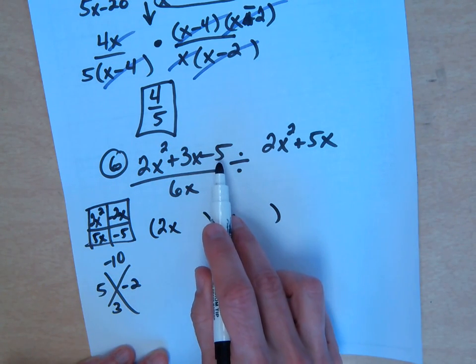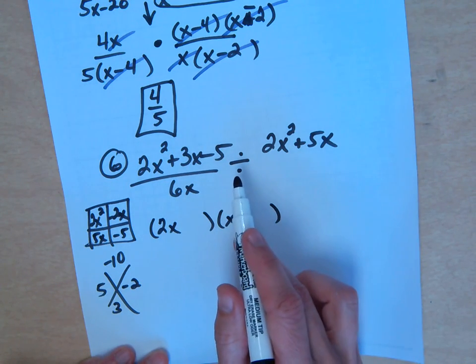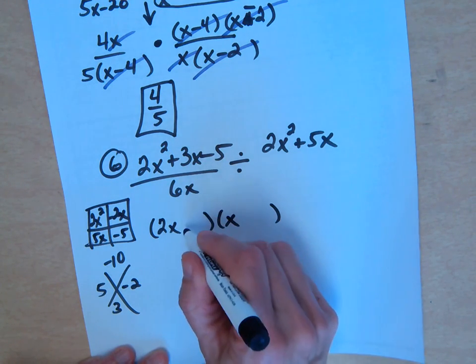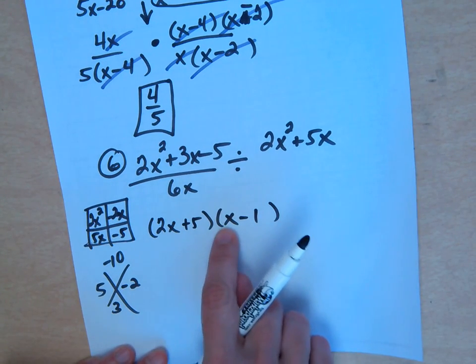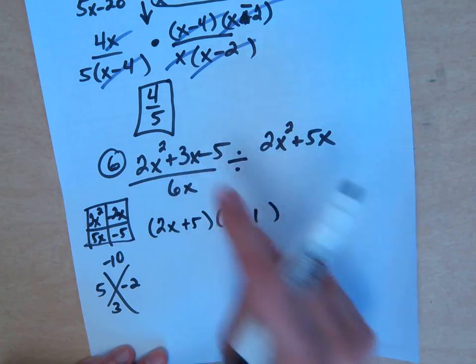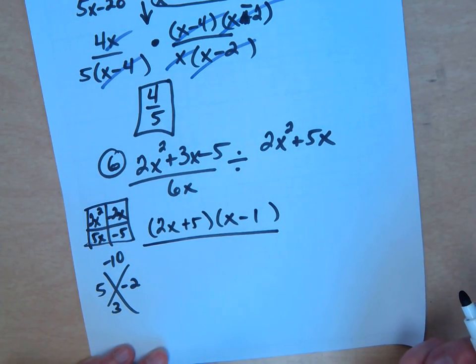I know that these have to multiply to negative 5, and the inner and the outer have to add to 3x. So it's going to have to be, I think, plus 5 and minus 1, and now I check. 5x plus negative 2x is 3x. So I got it. Good. That's the fast way, where you do FOIL in your head in the opposite direction. You guess and check. If you mess up the first time, you erase it and you try again.